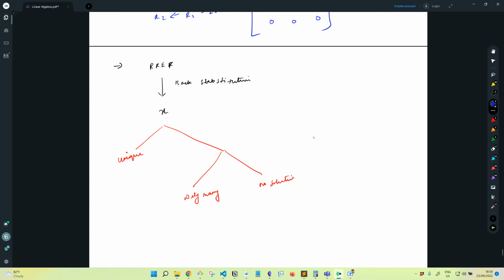When is x unique? It is unique under only one case, that is when rank of A equals n, where n is the number of unknowns.